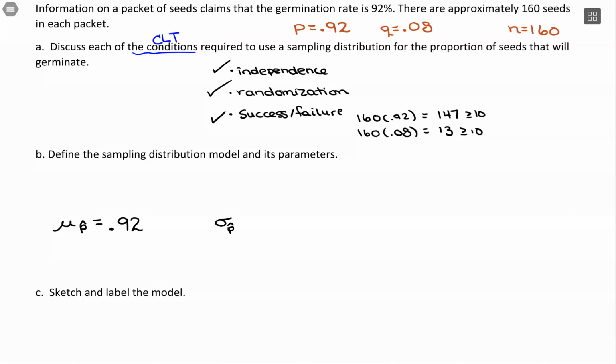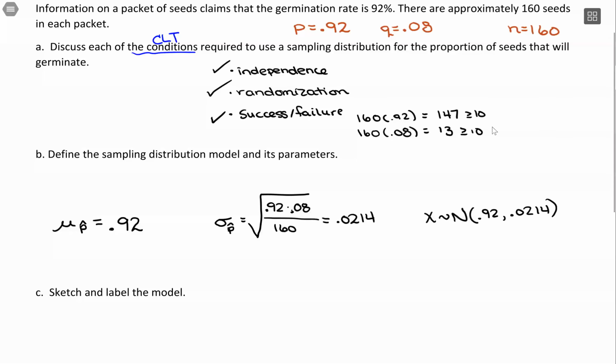For standard deviation, we'll take the square root of P times Q over N, which is 160. And we'll just take that to 4 decimal places. And then with that, we can define our model in that it's going to be normally distributed with a mean of 0.92 and a standard deviation of 0.0214.